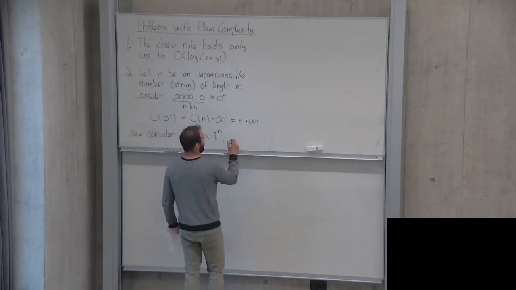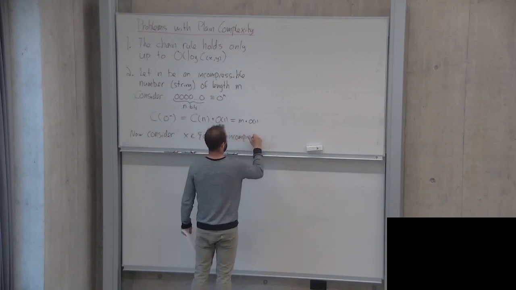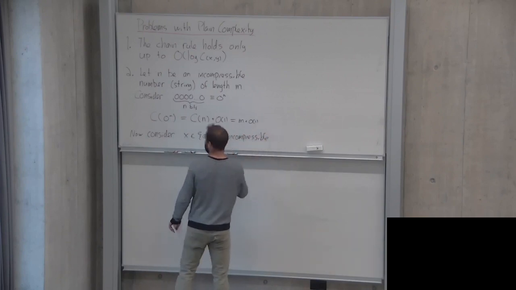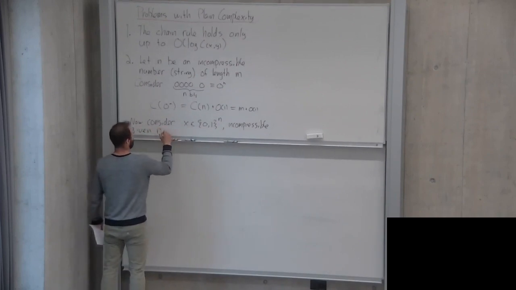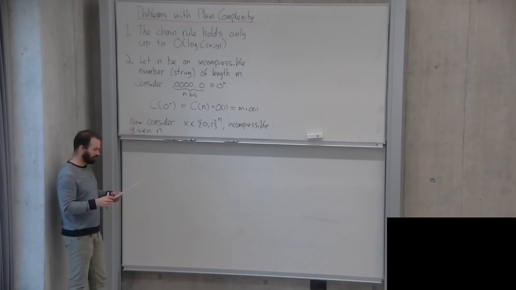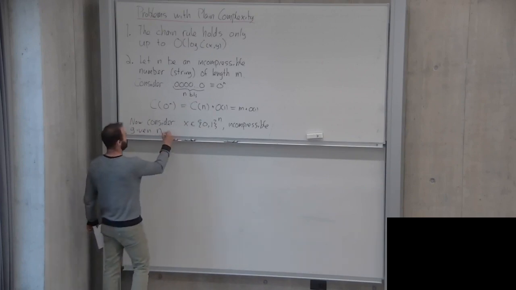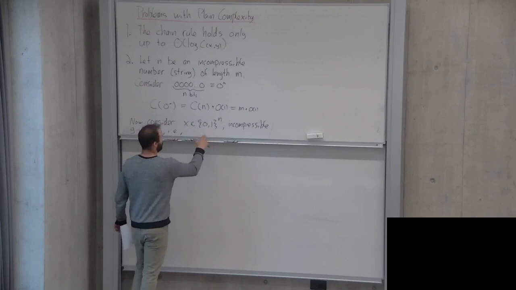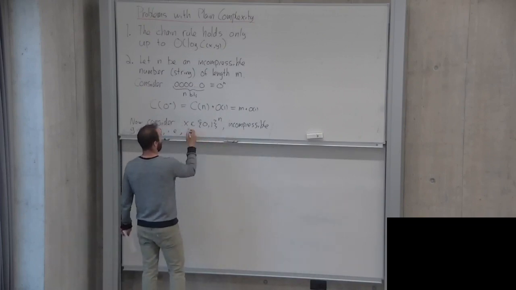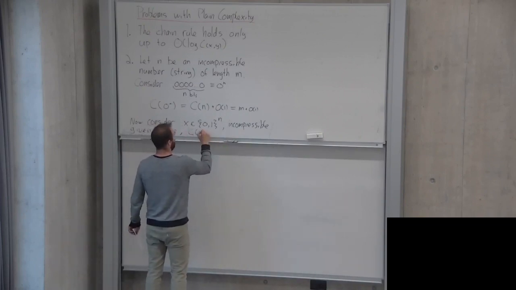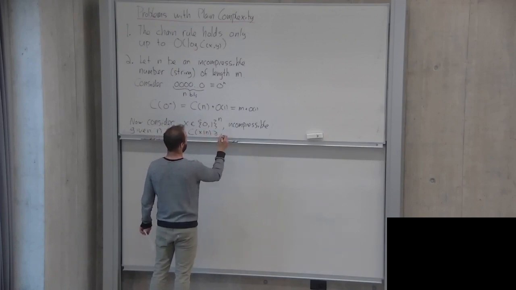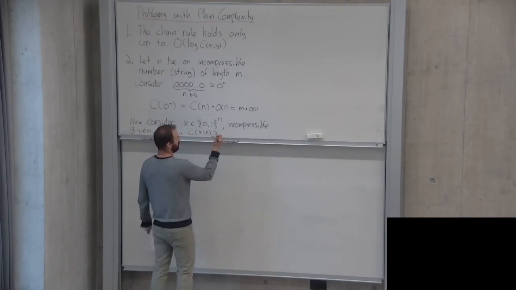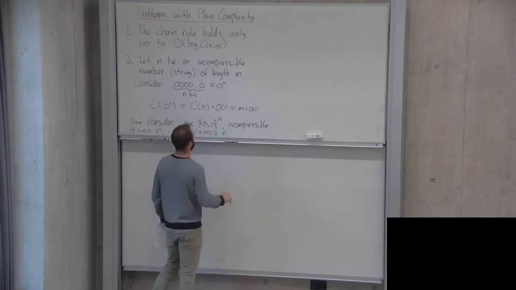And moreover, incompressible given n, i.e., what does incompressible given n mean? I want it to be such that C of x given n is larger or equal to its length, the length of x, n.